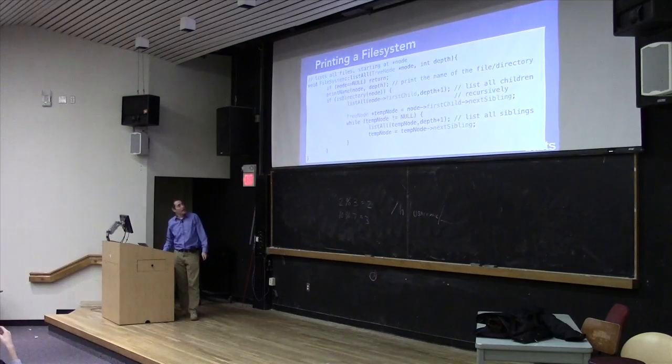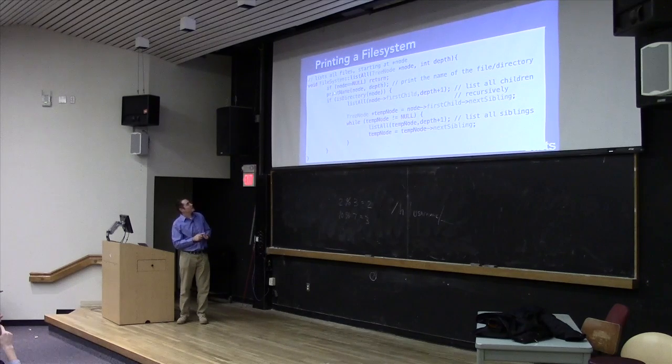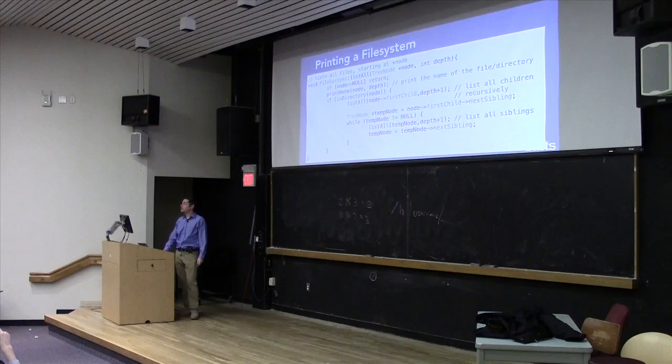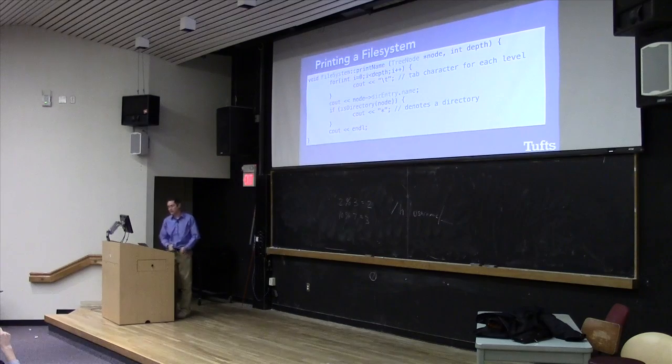How do you actually print a node? Notice that when I do the print name, I am passing the node itself and its depth to the print name. That's because we want it to look pretty. That's all. Here's what the print name does. It goes through a loop and says, until I get to the depth, print tabs.